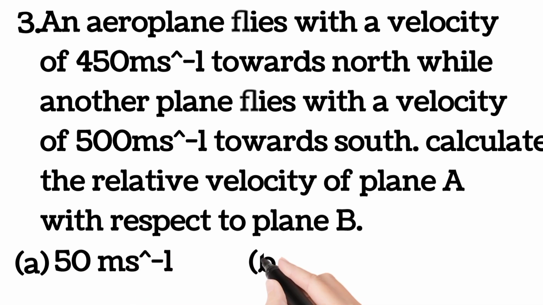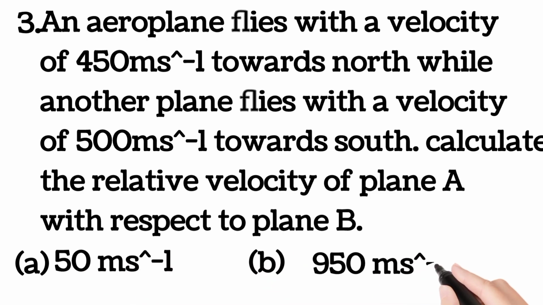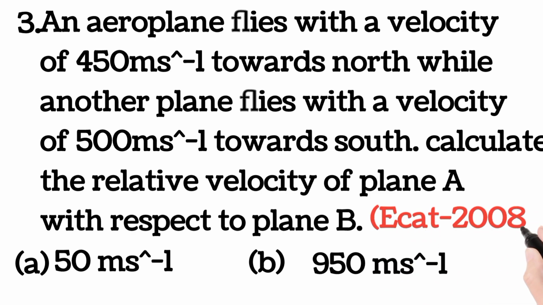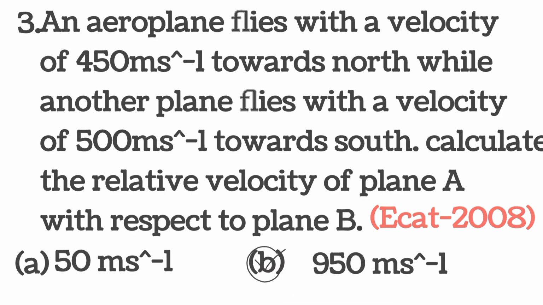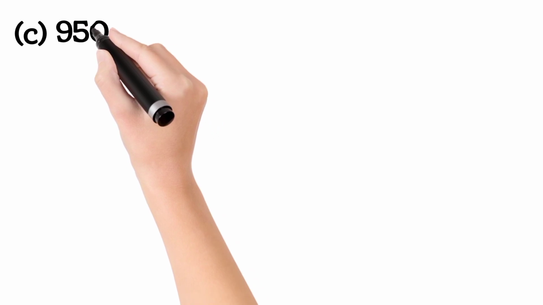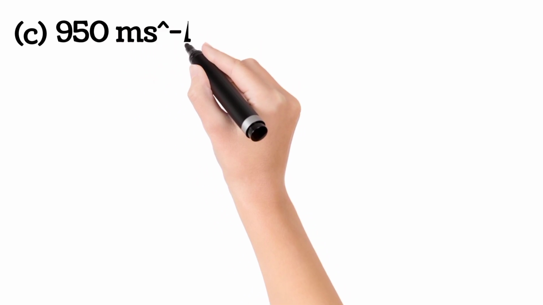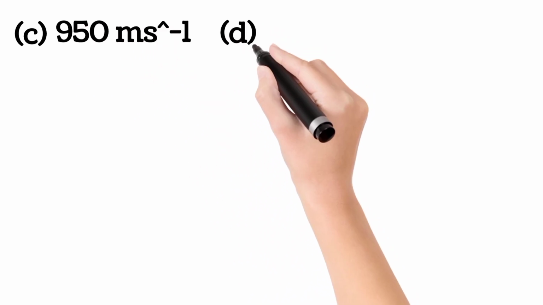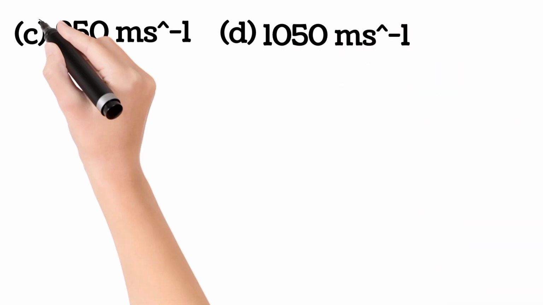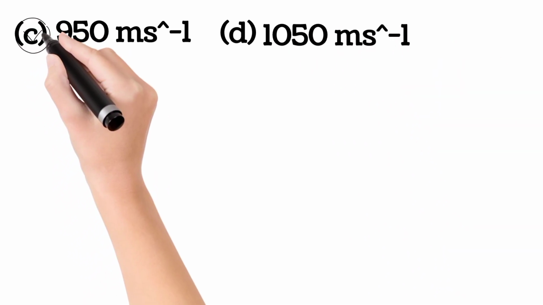The B option is 950 meters per second. This MCQ was asked in competitive exam ECAT 2008. The correct option is B, 950 meters per second. The D option is 1050 meters per second.